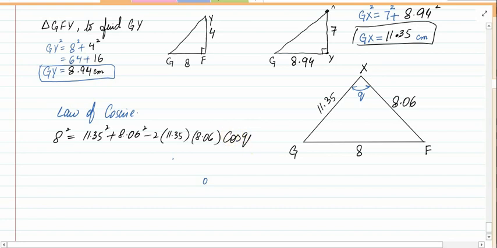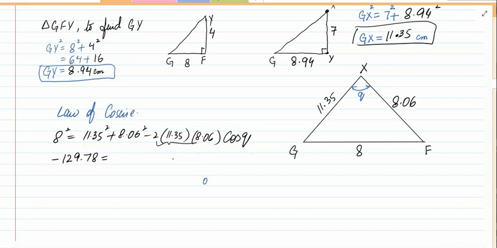So I am going to solve it. 8 square is 64 minus 11.35 square minus 8.06 square. So it's negative 129.78. When you solve these terms, 2 times 11.35 times 8.06, it's 182.96, and it will be the divisor when we shift it to the left side.